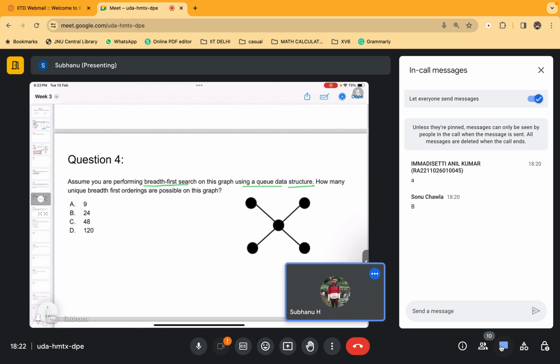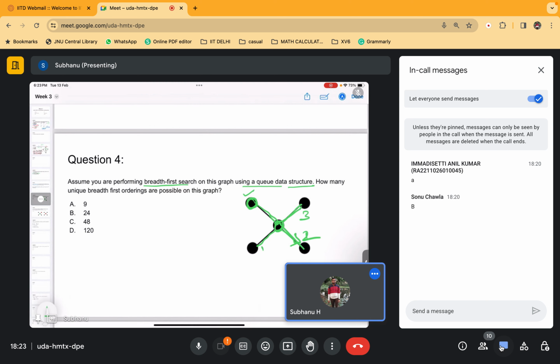Like if you start from here, you can go to here, then go to here. Okay, fine. If you start from here, what will be your neighboring node? Your neighboring node will be this one. Then the neighbors of these three will be your neighboring nodes. You can first go to here, then second to here, then third to here. Or first you can go to here, second to here, third to here.